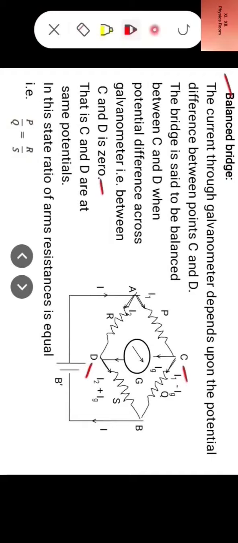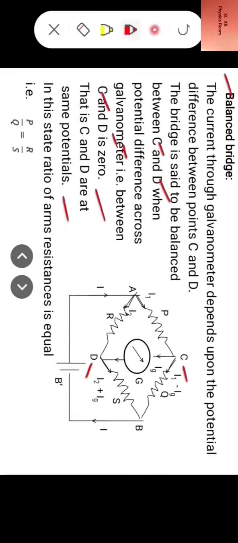That is, C and D are at same potential. So either we say potential difference between C and D is 0, or we say C and D are at same potential, they have both the same meaning.